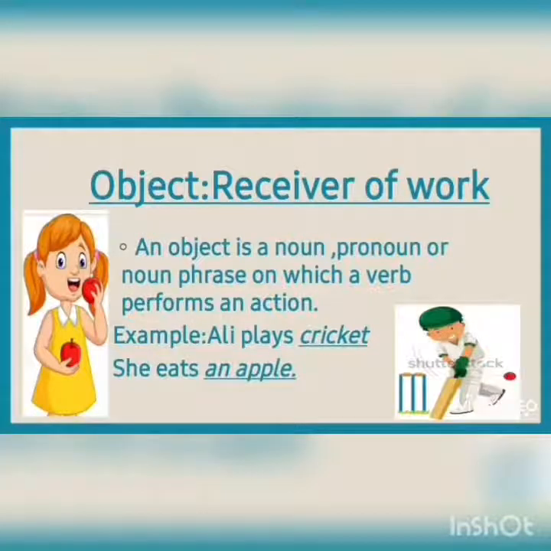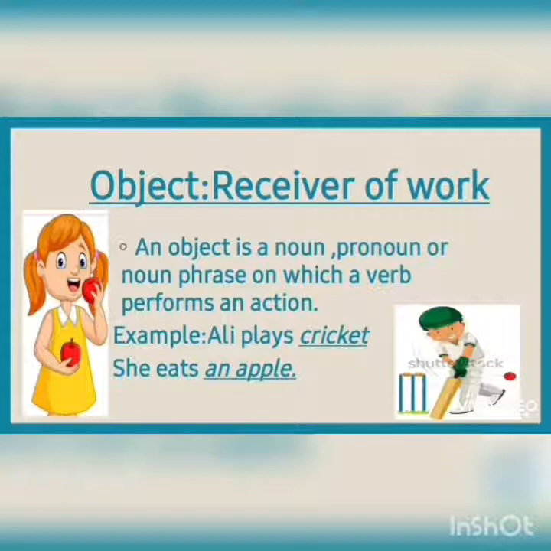Another topic is direct and indirect object. Before understanding this, you must know what an object is. An object is a noun, pronoun or noun phrase on which a verb performs an action. For example, Ali plays cricket.